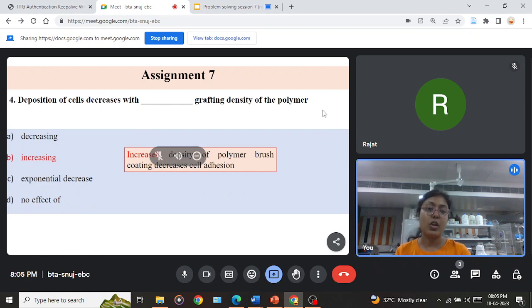We already discussed this while going through polymer brush coatings, the various orientations of the polymer. One was mushroom and another was brush-like, right?